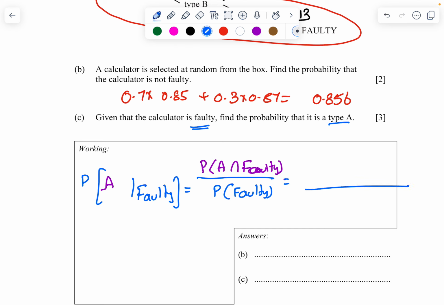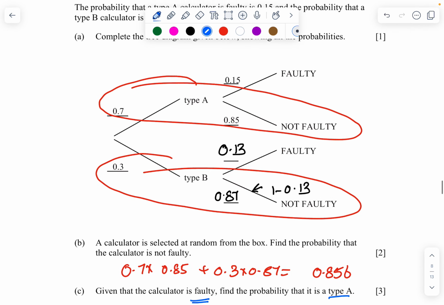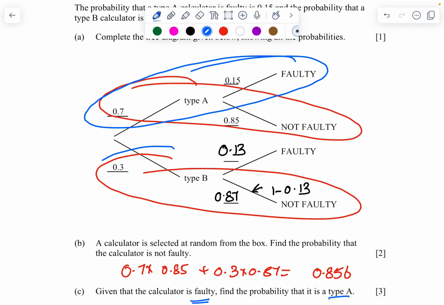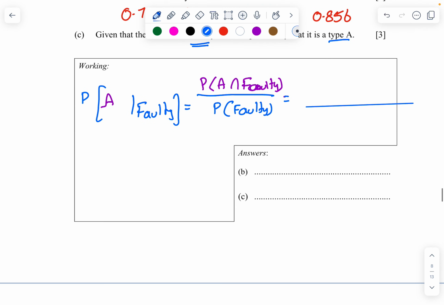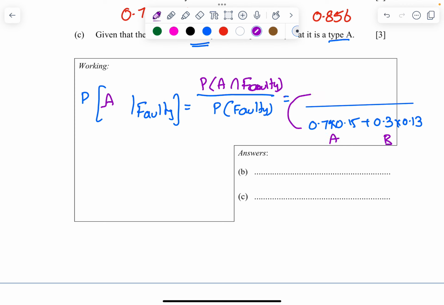What is the probability of being faulty? It is 0.7 times 0.15 plus 0.3 times 0.13. We know this is from A, this is from B. So A has to go up, which is 0.7 times 0.15. Simplify that. You should be able to get 35 upon 48.